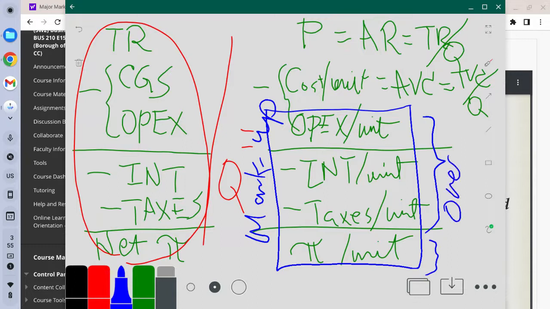So this part is called overhead, right? Is that clear now? So please take a screenshot before I close it. So it's exactly parallel to income statement.